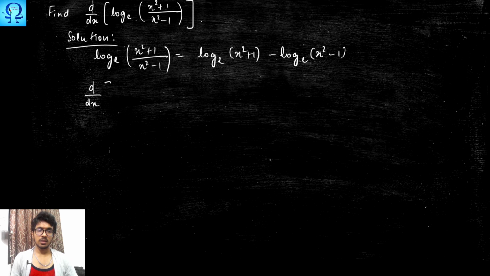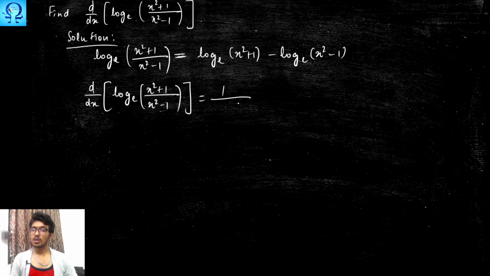d upon dx of log to the base e of (x squared plus 1) upon (x squared minus 1) is, now we will have to apply the chain rule. That is, if you treat this as x, what would you get? You would get 1 upon x.